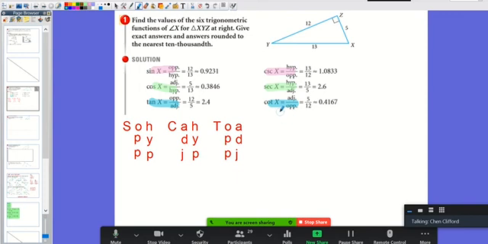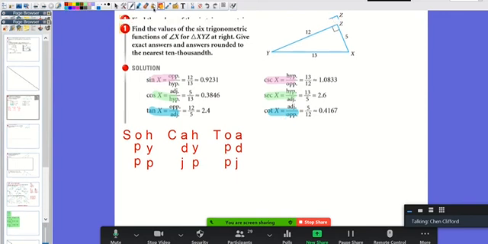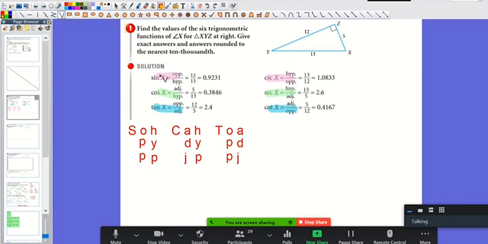Now, one thing that's kind of tricky is that if you look at the words sine and cosecant, you would think that sine is going to be related to secant because both start with an S. Along the same lines, you would think that cosecant is going to be related to cosine because they both start with a C. However, it is not the case.